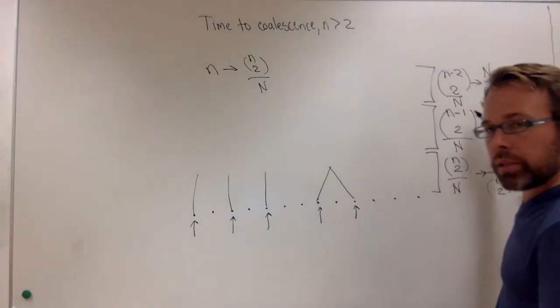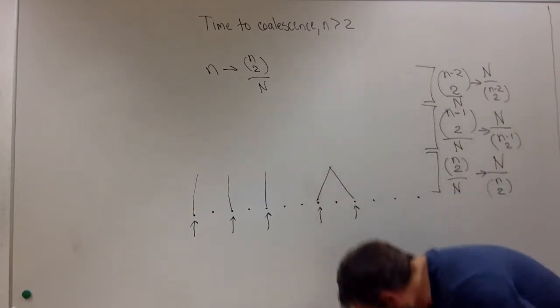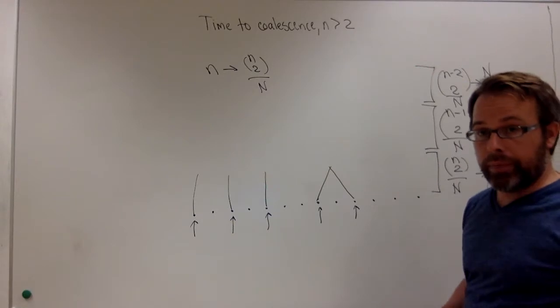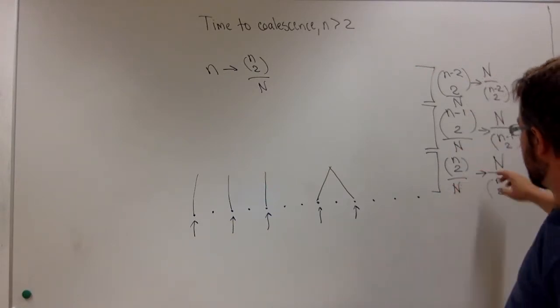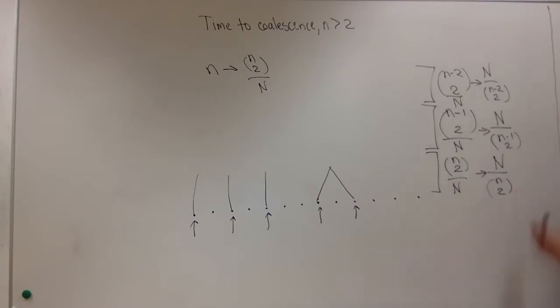Okay, so let's look at these things. What does this all mean for the shape of the tree? Let's just do it with 5. Here, the expected waiting time, this average waiting time, would be n divided by 5 times 4 divided by 2.